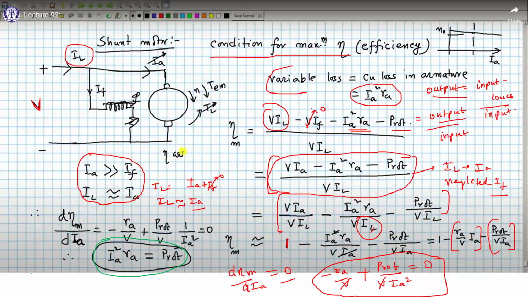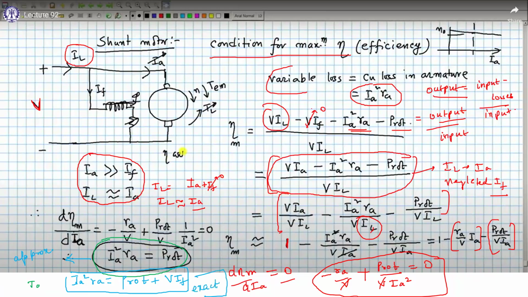For maximum efficiency, if I would not have neglected this IF, you would have seen that IA square RA is equal to rotational loss plus VIF. This one is approximate, this is exact.